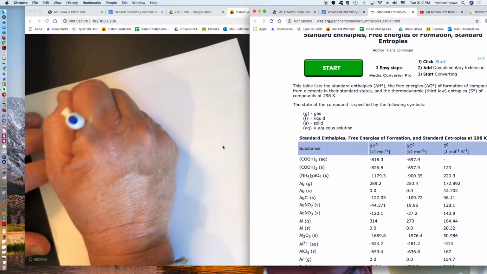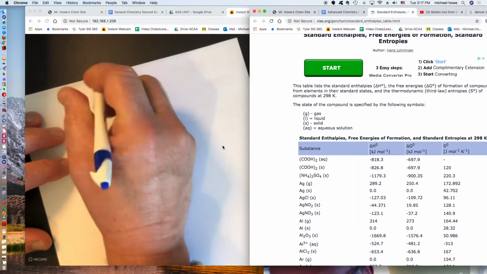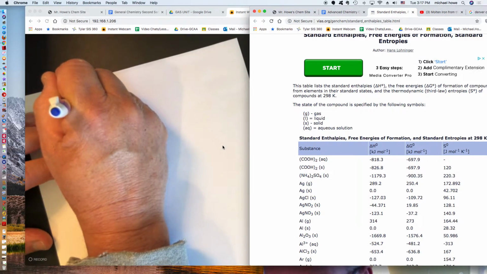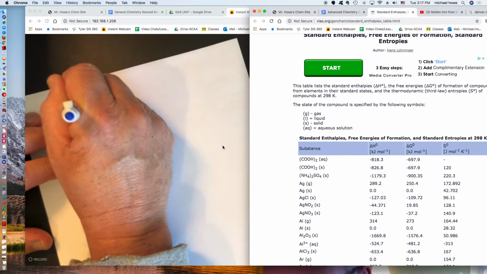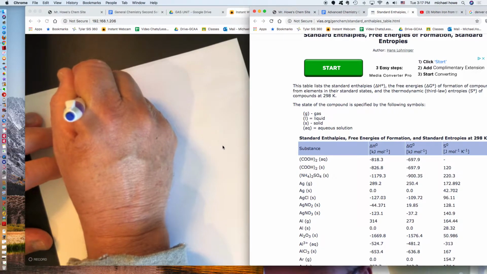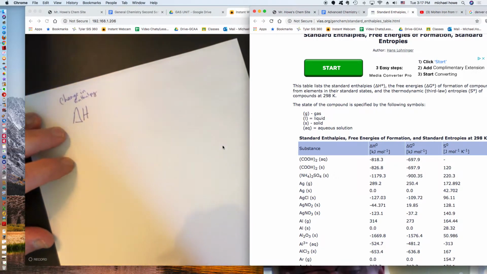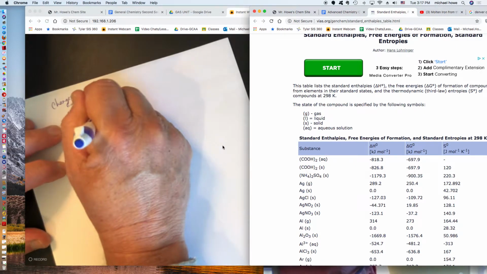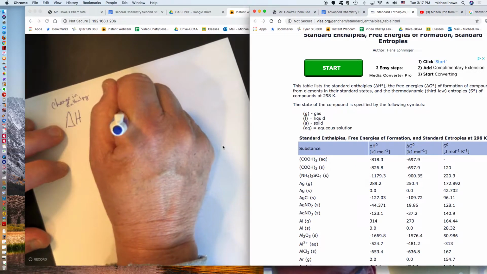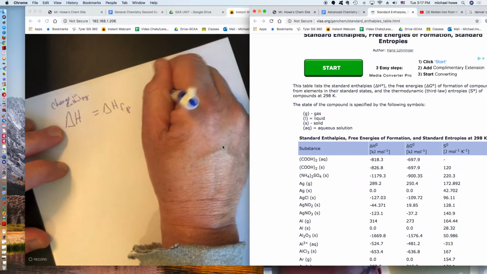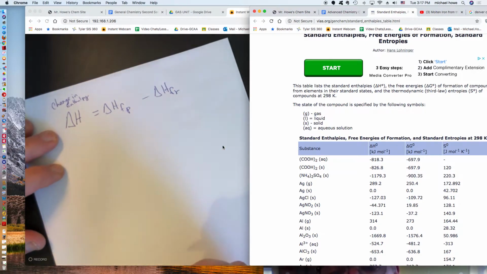So for any chemical reaction, the change in enthalpy is equal to the heat of formation of the products minus the heat of formation of the reactants for any chemical equation.